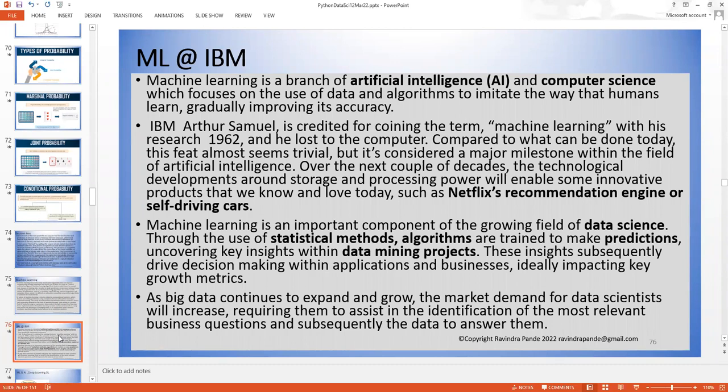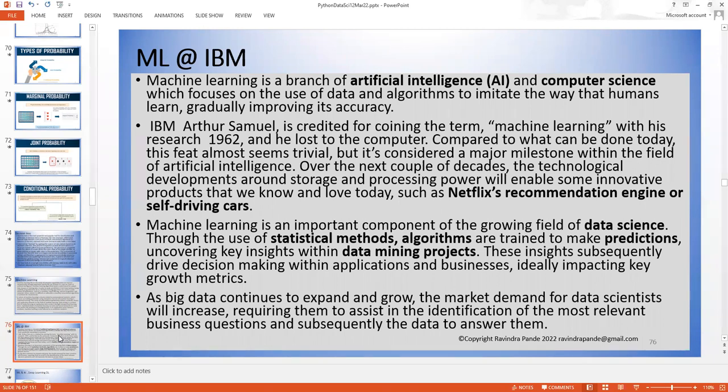Yeah. And this is what is available on the IBM website. Please do have a look at ibm.com/AI and you'll get all of this; I've copied this text from there basically. A big data continues to expand and grow. The market demand for data scientists will increase, requiring them to assist in the identification of the most relevant business questions.